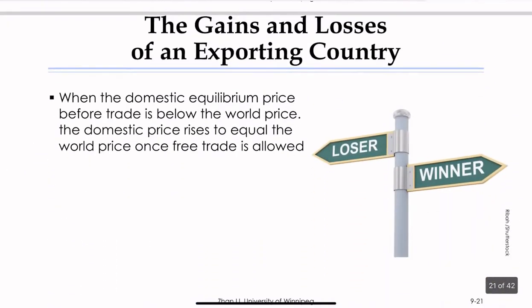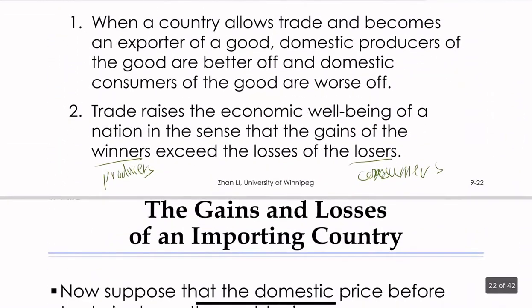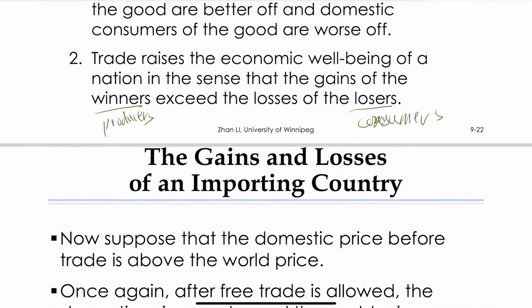And in this case, producers will be winners and consumers will be losers, right? So consumers won't be quite happy with the fact that their country becomes an exporter, right? And you can see that there could be some political debates, some protests, right?